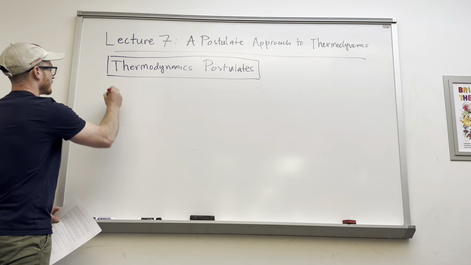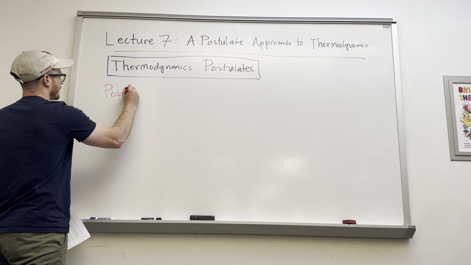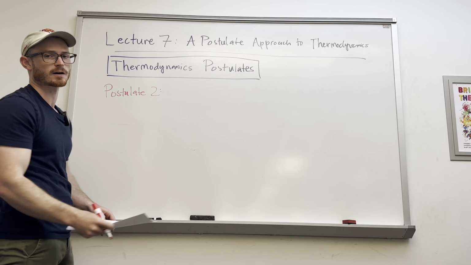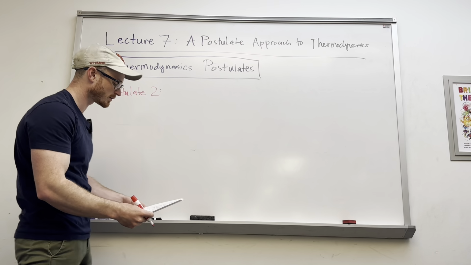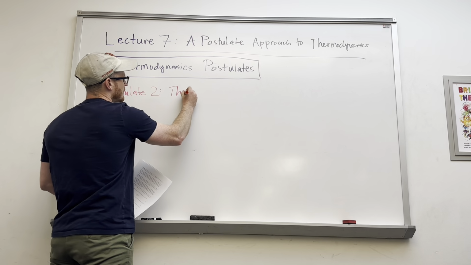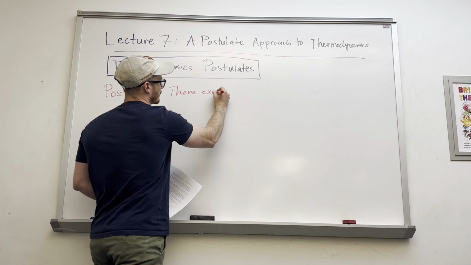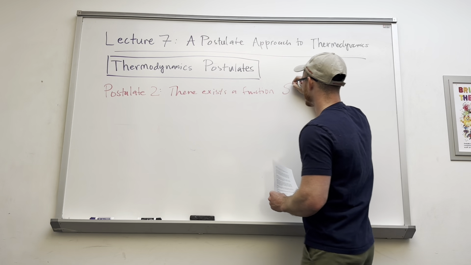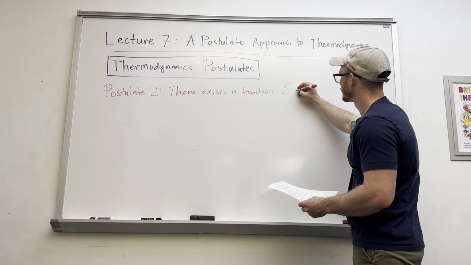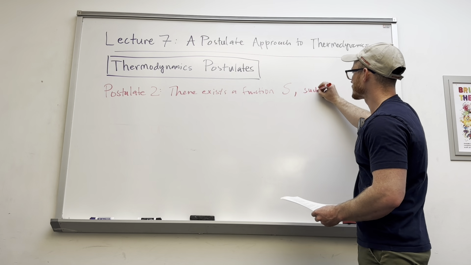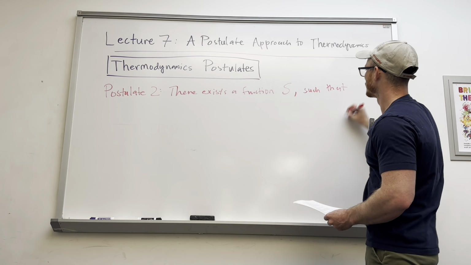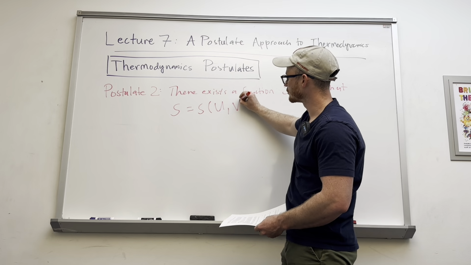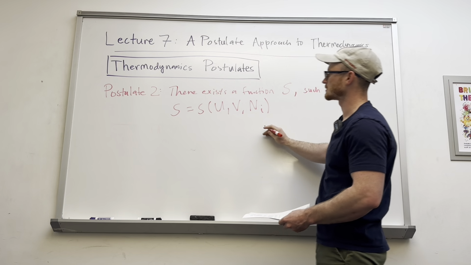The second postulate, postulate 2. Now that we've postulated that there are these equilibrium states fully characterized by internal energy, volume, and the number of particles, postulate 2 says that there exists a function S, such that S is a function of the internal energy, the volume, and the number of particles of all the species.